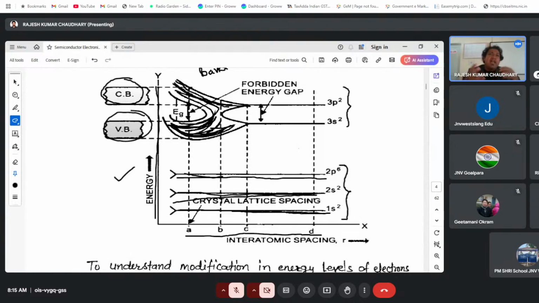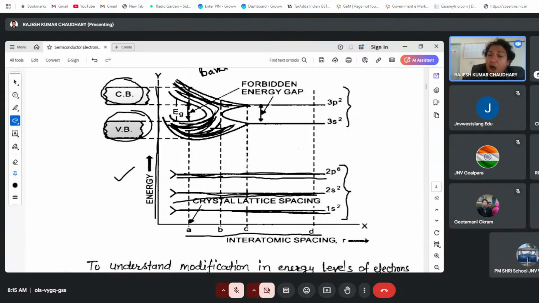Got it? When atoms are connected to each other, the outermost electrons will be interacting with other electrons, not the innermost. So you can see that their energy levels are well defined. Are you getting my point?